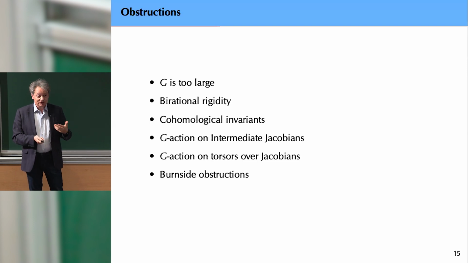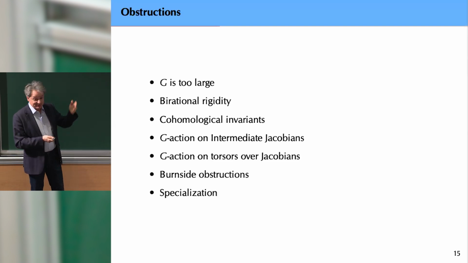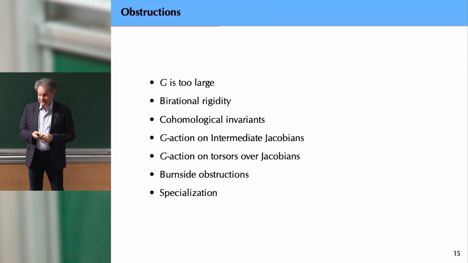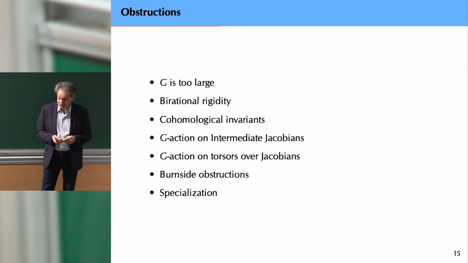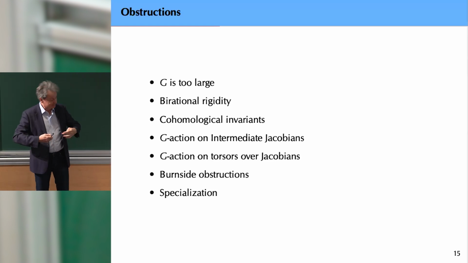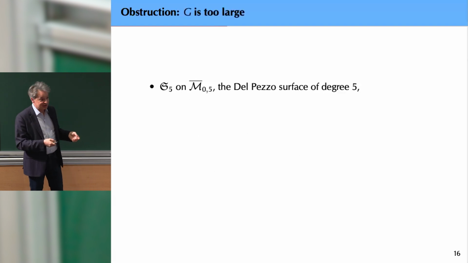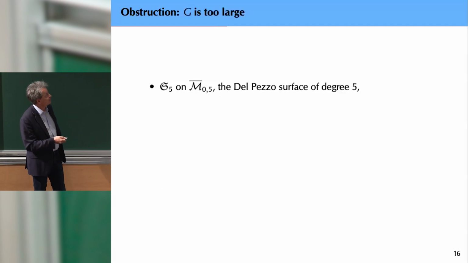And there are also torsors of intermediate Jacobians that play a role. And then these Burnside obstructions, Maxime and I started this paper studying actions of abelian groups, but there are also now non-abelian Burnside obstructions, and finally specialization.